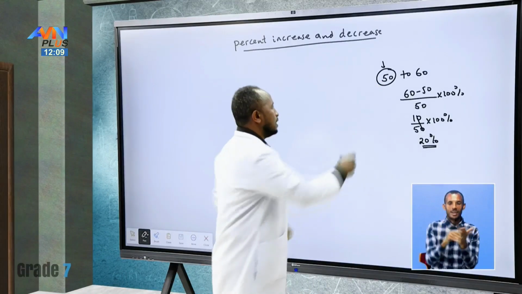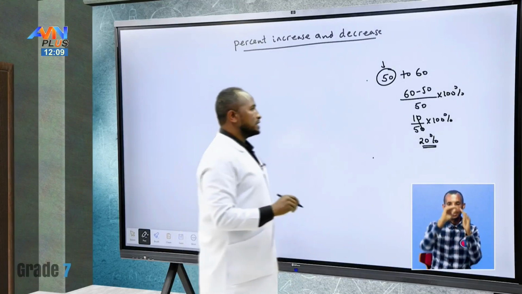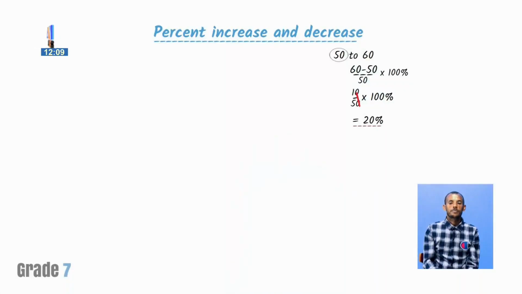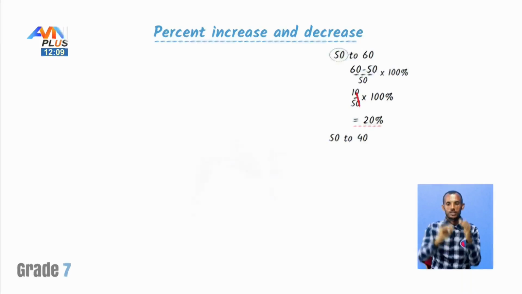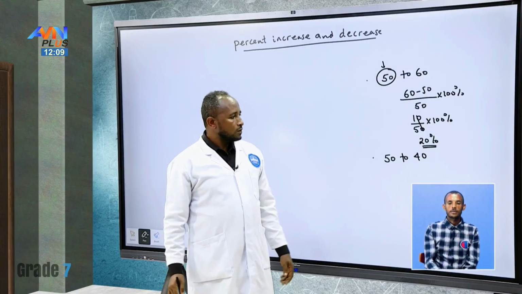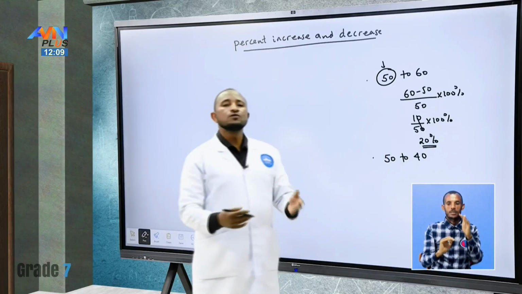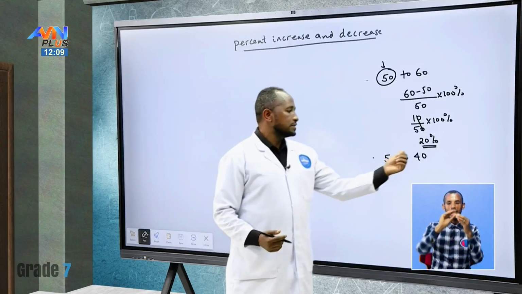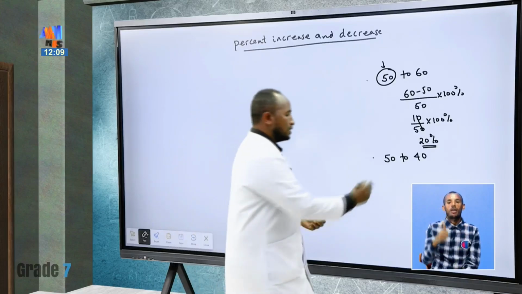Again, if you are asked to calculate percent decrease, what is the percent decrease from 50 to 40? To find the percent decrease, first you have to calculate the decreased amount. This number is decreased by 10.